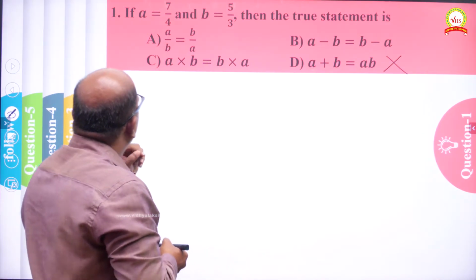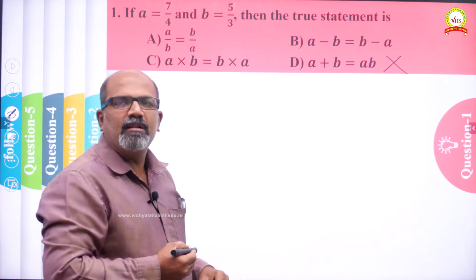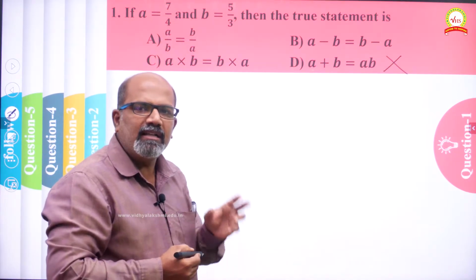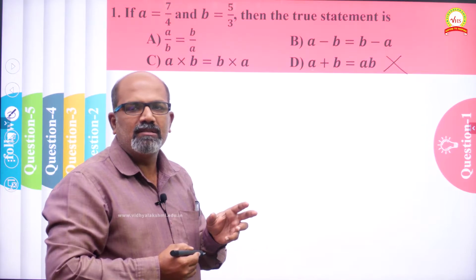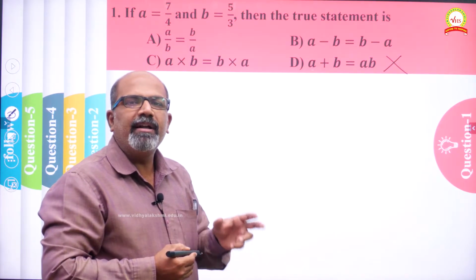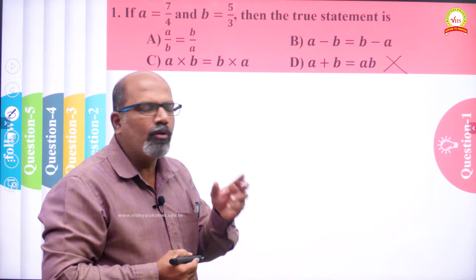The given numbers A and B are rational numbers. Rational numbers always obey the commutative property of multiplication alone.